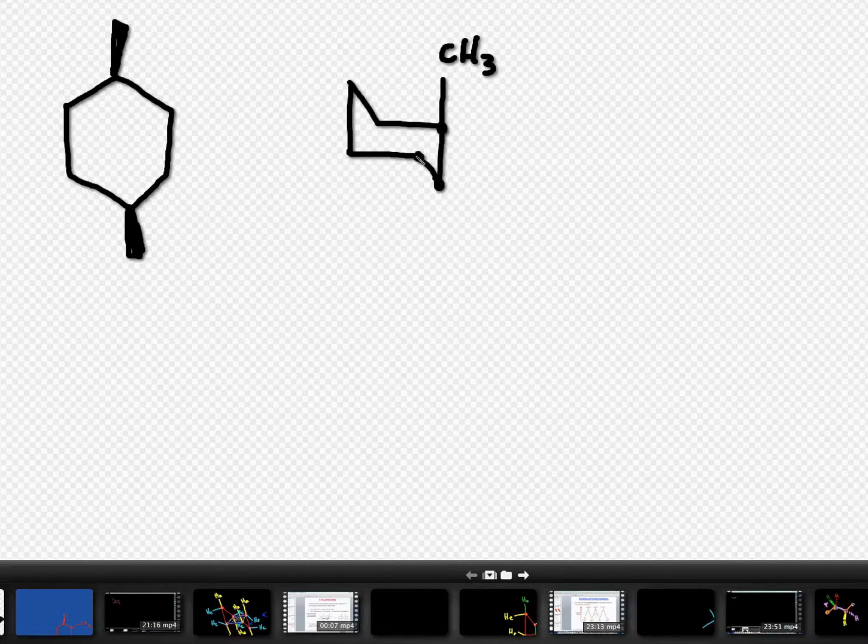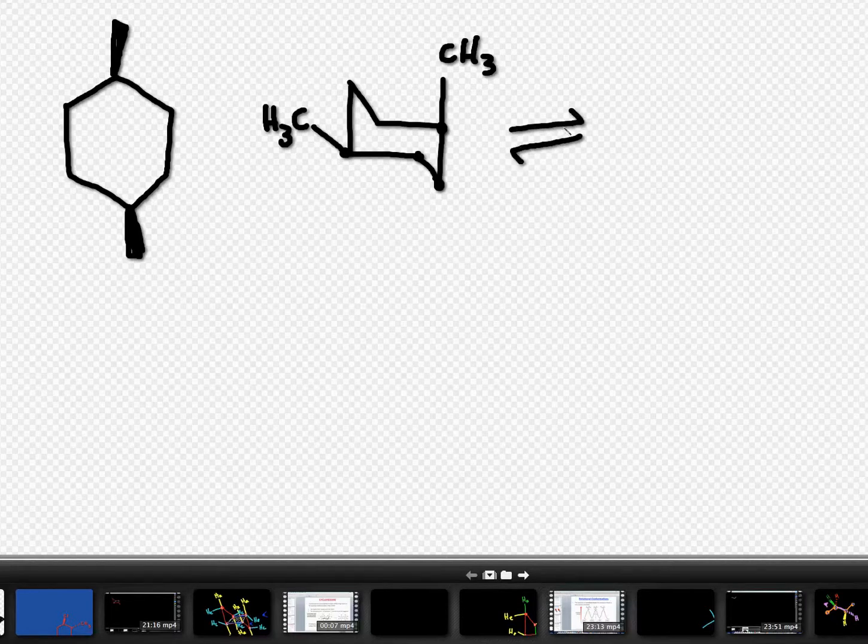One, two, three, four. The only way this can be cis is if this is equatorial. So we already know from the chair flip, axial becomes equatorial, equatorial becomes axial. I'll still have one of each. So this becomes axial, while this becomes equatorial. This is going to be a little awkward to draw, but you're going to have a methyl group coming out this way as well. These are degenerate.